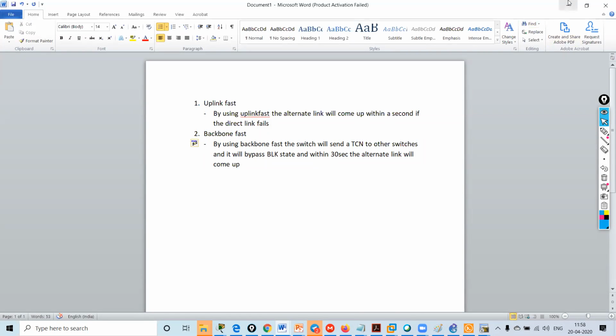Understood? What is backbone fast? Got it? So we have seen how to optimize the spanning tree.